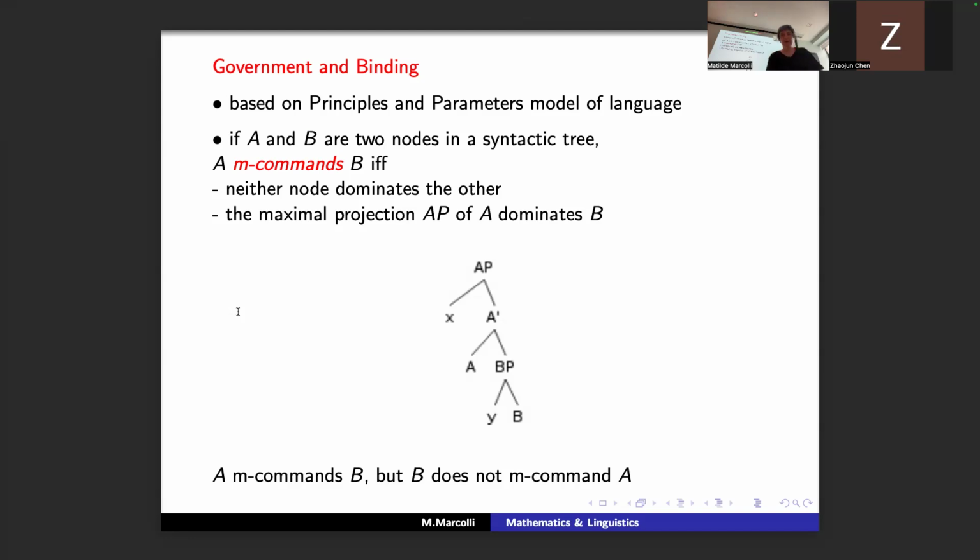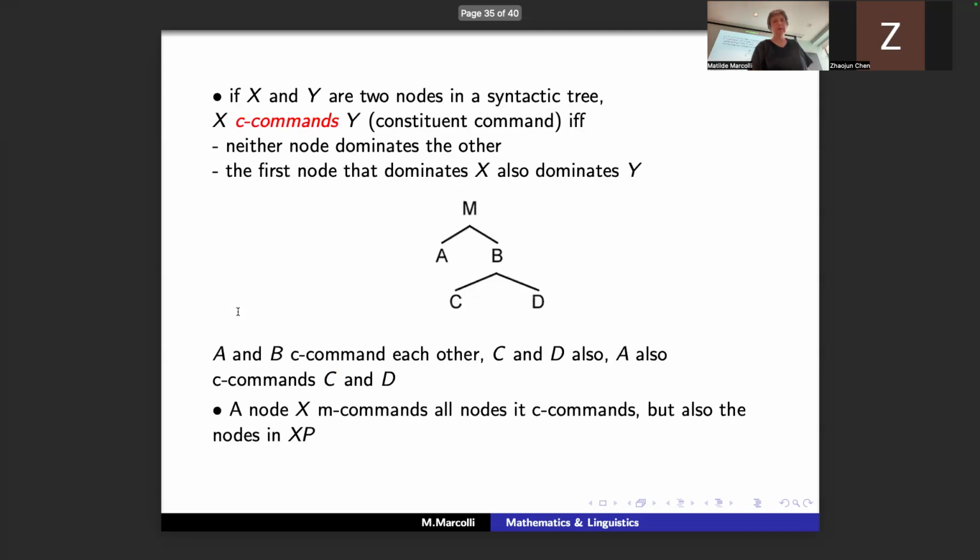And there is another form of command relation that was modeled in this setting, which is called C-command. And again, neither of the two is on the path from the root to the other one, but the first node that dominates one of them will also dominate the other.